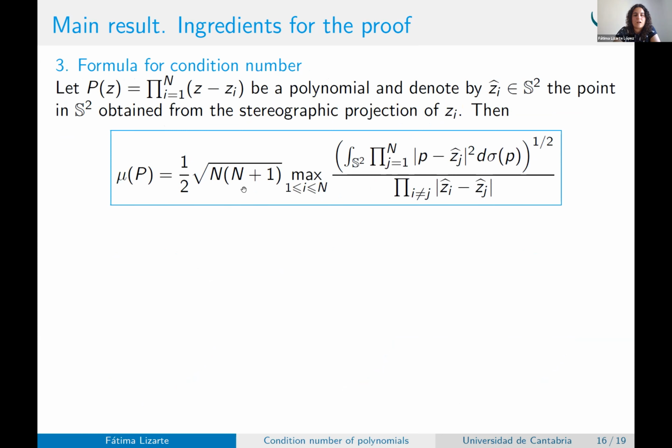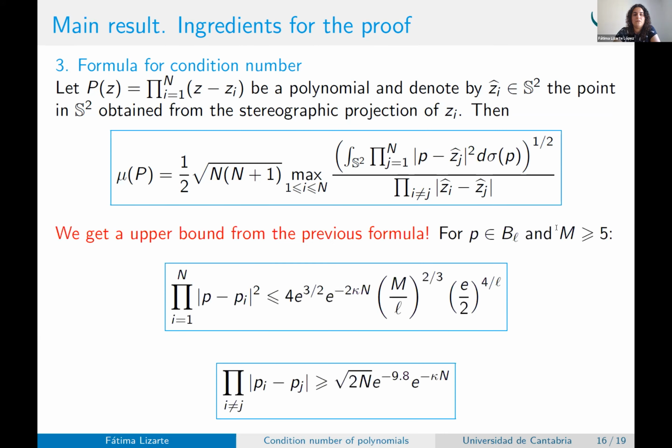Here we have a constant that depends on the degree of the polynomial P. And here we have a maximum in i of this quotient that depends uniquely on the set, which are the associated spherical points to the roots of the polynomial P. So from our set of spherical points, we get an upper bound for this formula. In this way, under this condition, we obtain these two results.